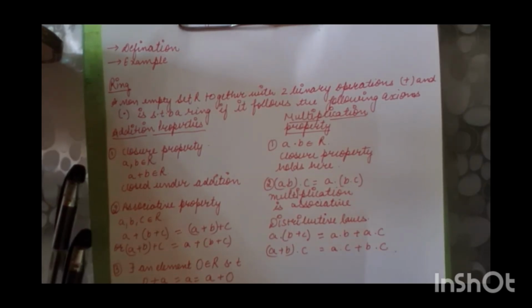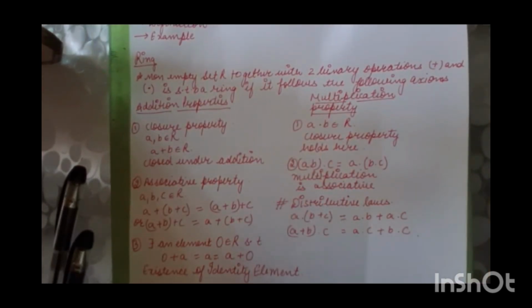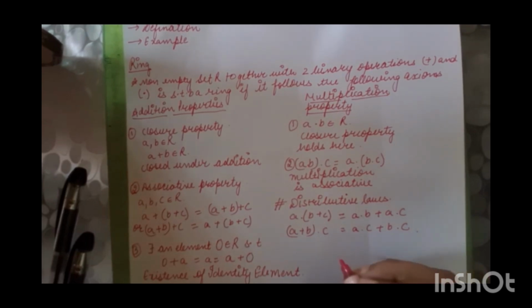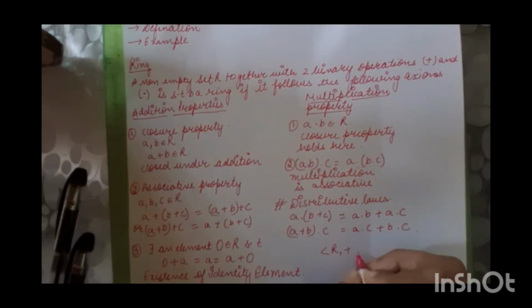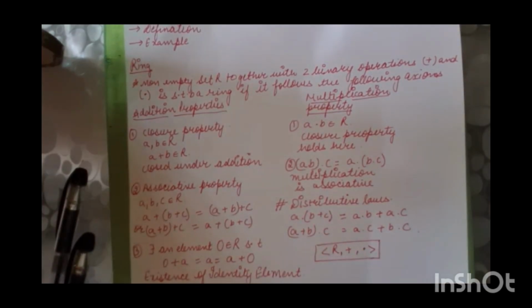We say it is a ring if it follows these 5 properties of addition, these 2 properties of multiplication, and the distributive laws. So it is a ring with binary operations addition and multiplication. How do we denote it? The algebraic system is R, plus, dot. This is a ring. This is the algebraic notation.